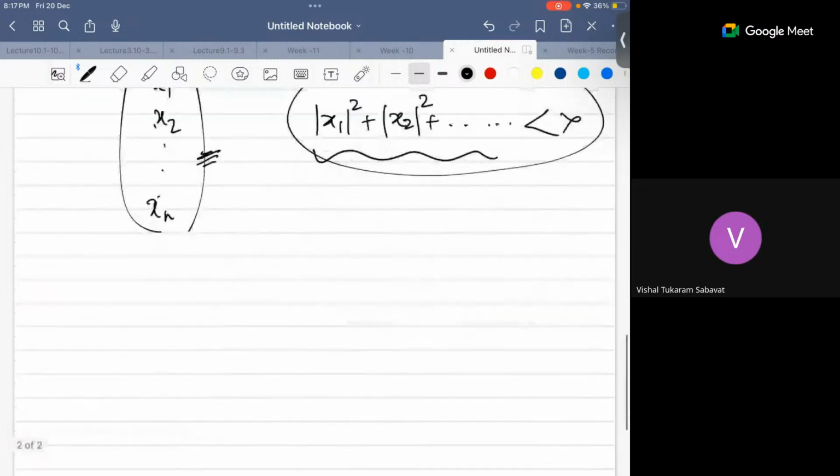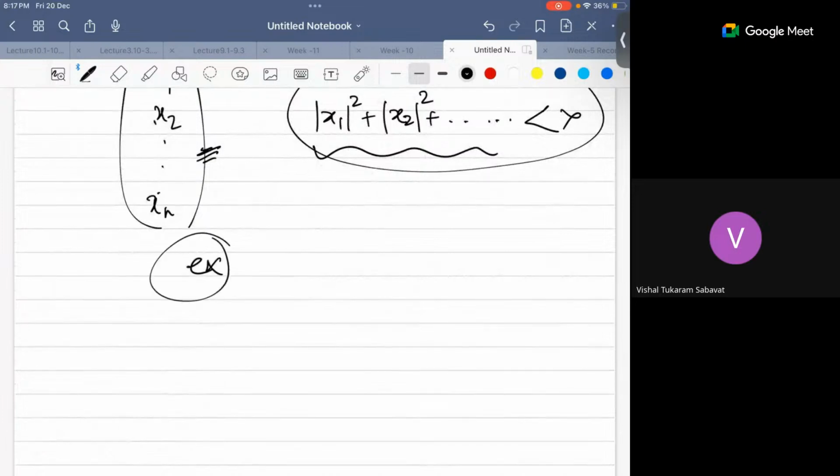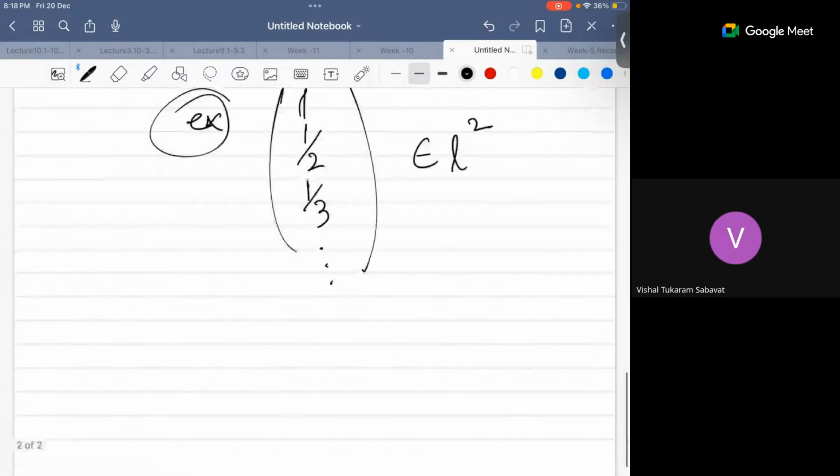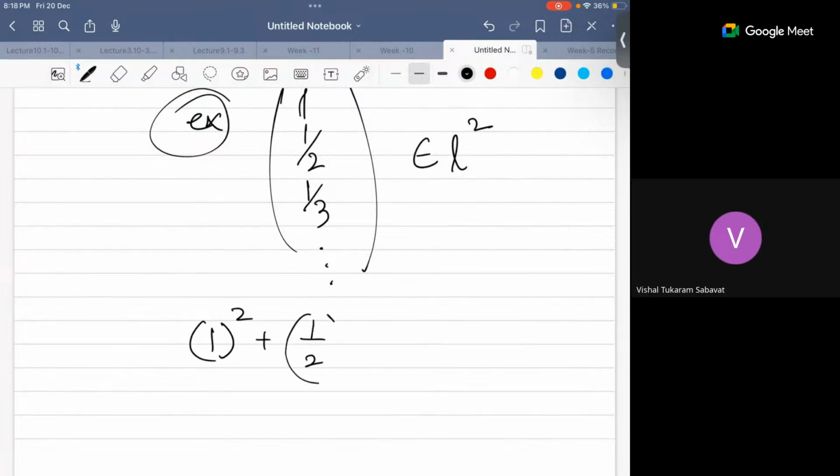Correct. For example, you can have the sequence 1, 1/2, 1/3. Does it belong to L2 or not? How can you check it? (1)² + (1/2)² + (1/3)², and on and on.